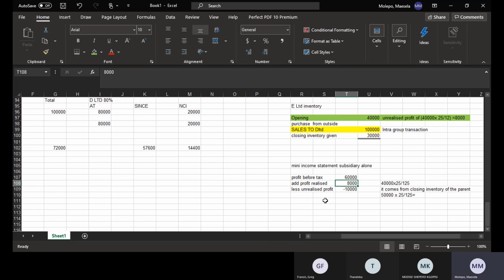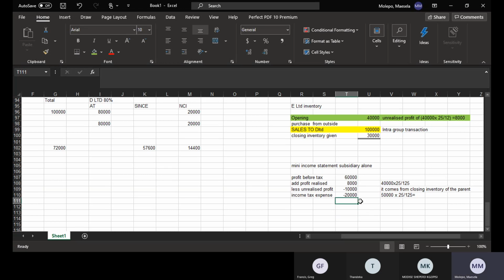And then the last part will be the taxation, because we have the income tax expense of 20,000.